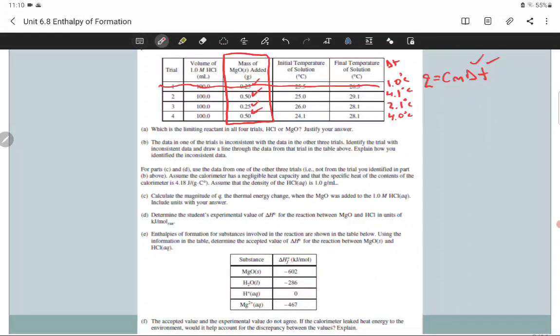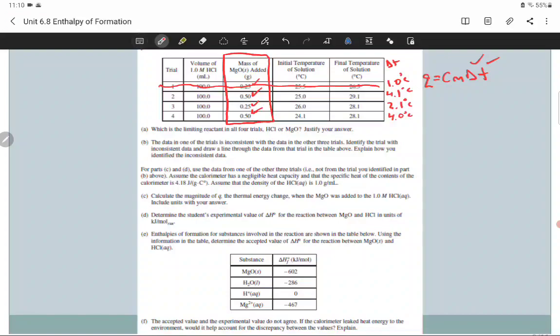And we're typically going to assume that because this is mostly water with a little bit of solute, we're going to have the specific heat of water. And then we also have the density of the solution as being 1 gram per milliliter, and we're always going to assume that unless told otherwise.